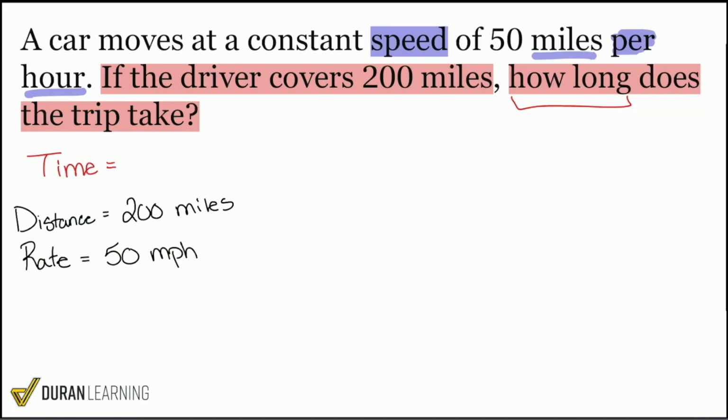I see some of y'all are already ready for the operation. I see that. But yeah, it's going to be hours. You don't even have to really look anywhere else other than the rate. Because again, it's distance per time. Hours is what we'll have.